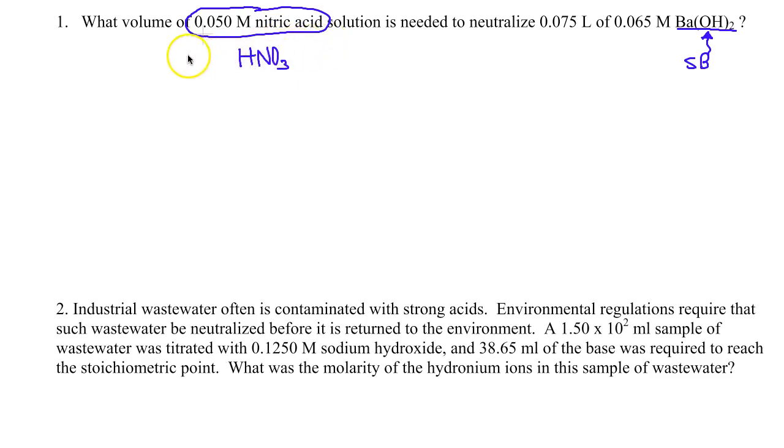So they're asking how much of this acid is needed to neutralize. Now, neutralize just means that all of the protons that are given from this acid will react with all of the hydroxides that are produced from this base. That will, of course, become water.